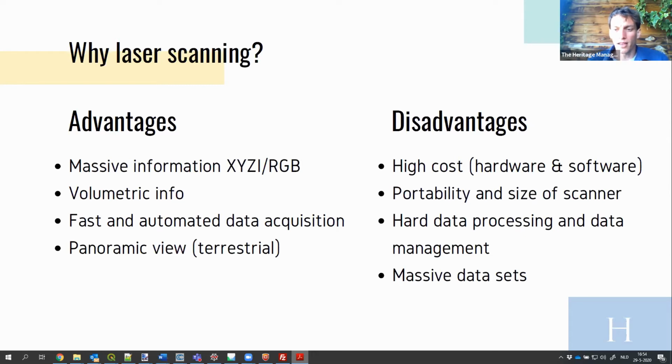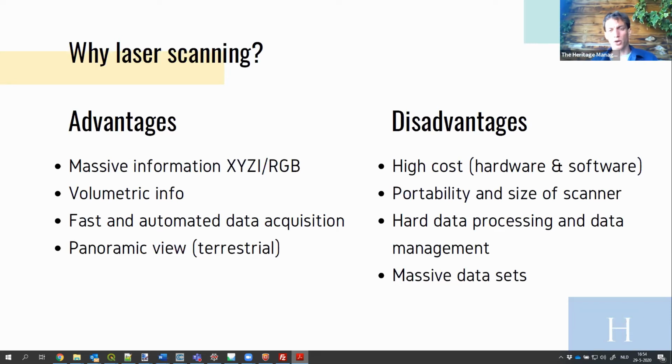The portability and the size of the scanner itself is also a potential disadvantage. Like I was just referring to the 20,000 euro laser scanner, that's the BLK from Leica. That one is very portable, 4 kilograms.